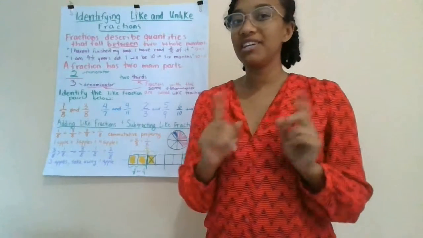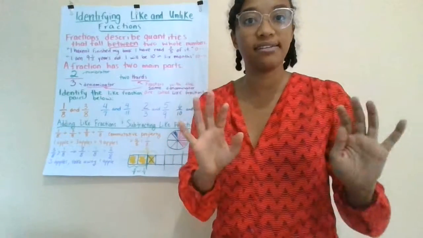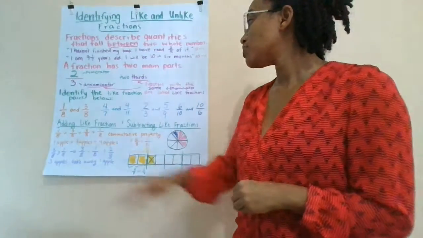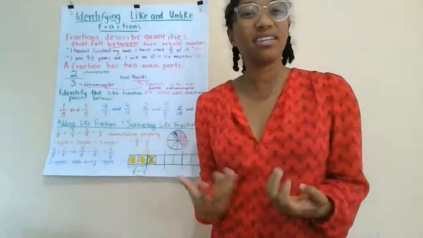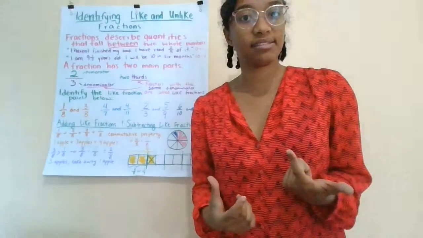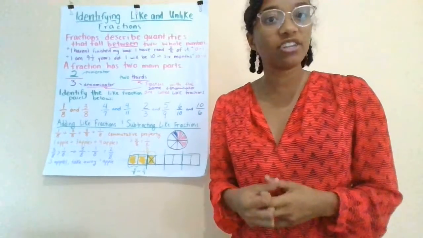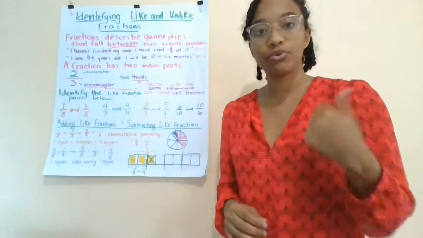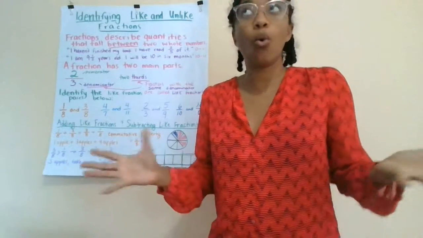Now, with subtraction and division, that trick won't work. Subtraction and division, the numbers need to freeze in place for us to find the correct answer there. So now that we know we can move the numbers across, we need to think about what these quantities really mean. Well, we have 1/8 and 3/8, and we're trying to put them together. Because they are like fractions, we can treat this addition problem as if it were 1 apple and 3 apples. 1 apple and 3 apples doesn't just equal 4.